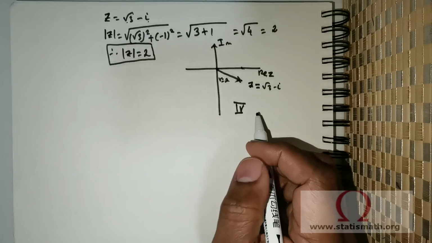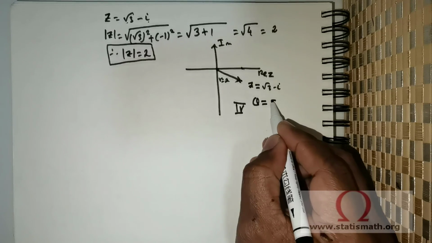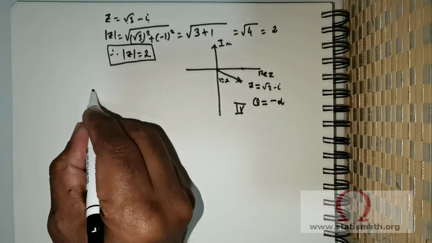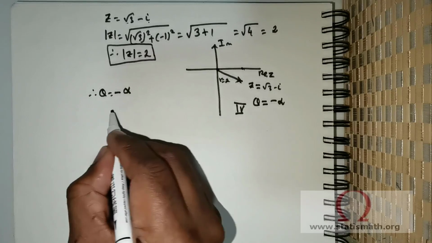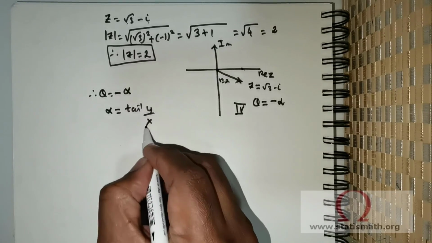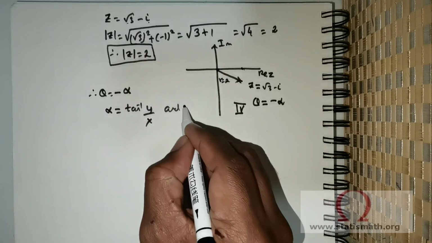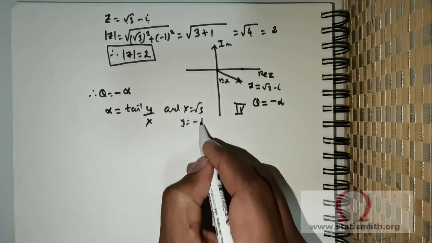So that means we need to take the principal argument theta to be negative alpha. So therefore theta is negative alpha, and we have to know what alpha is. Alpha is tan inverse of y divided by x, and x is equal to √3 here and y is equal to -1.